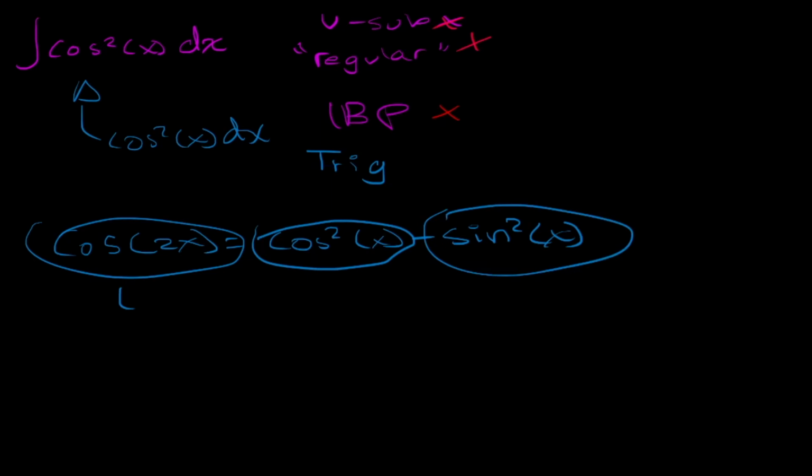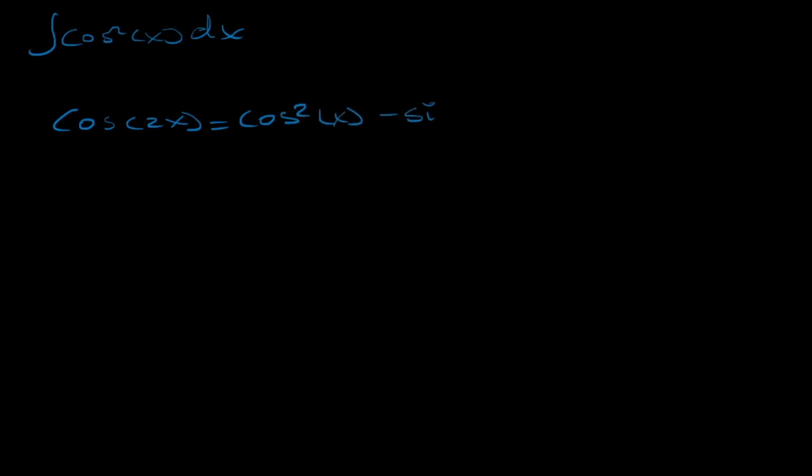So let's explore this substitution in a bit more depth. So the integral of cosine squared x dx. Always got to write out the problem. So we have cosine of 2x equals cosine squared of x minus sine squared of x.